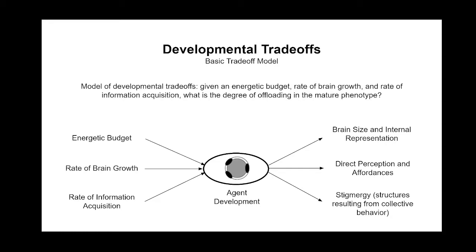So depending on the inputs of an agent, depending on the environment it finds itself in, it has to make these trade-offs. So the trade-offs of the inputs include the energetic budget, the rate of brain growth, and the rate of information acquisition. And this can result in different types of perceptual and internal model attributes.